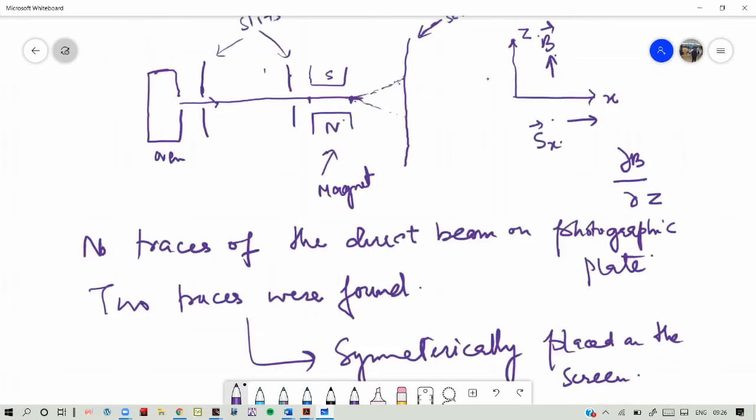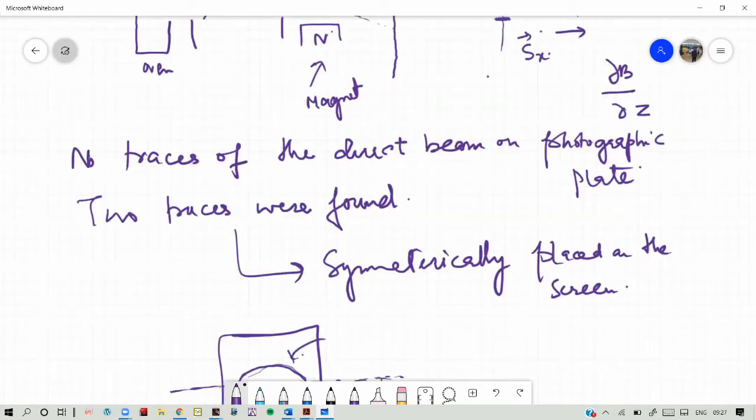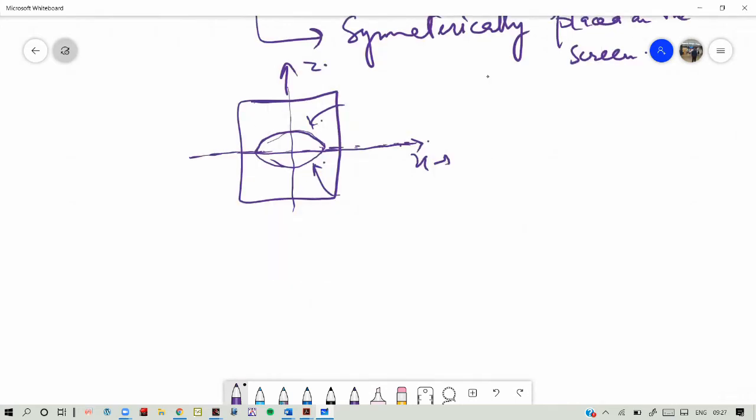If we take this as an origin, what they found on the screen was one component here, another here. That is how I draw it. This is X, this is Z. So these were the results.